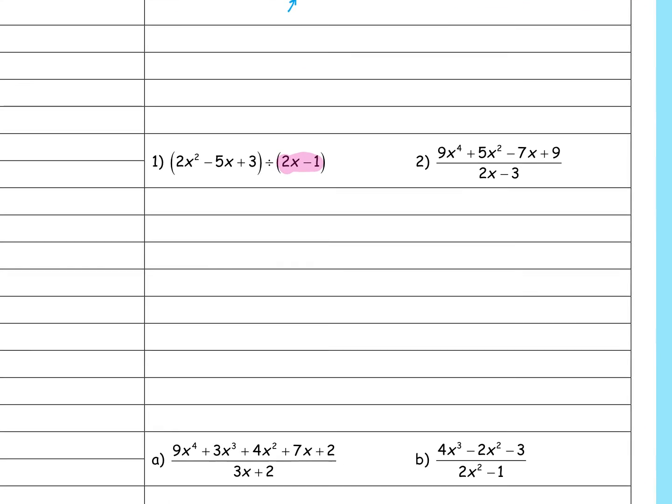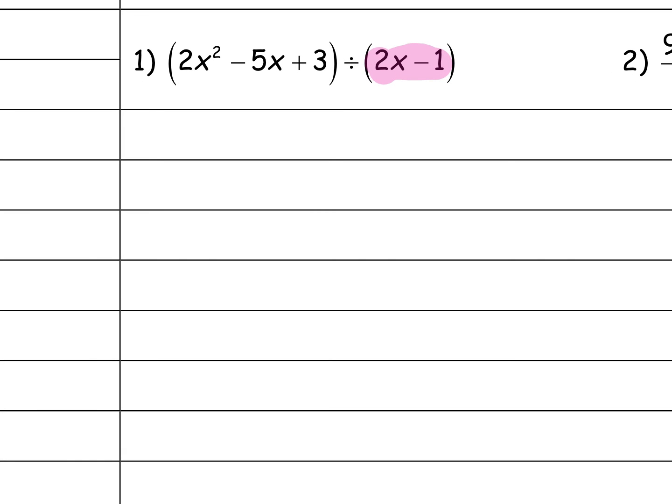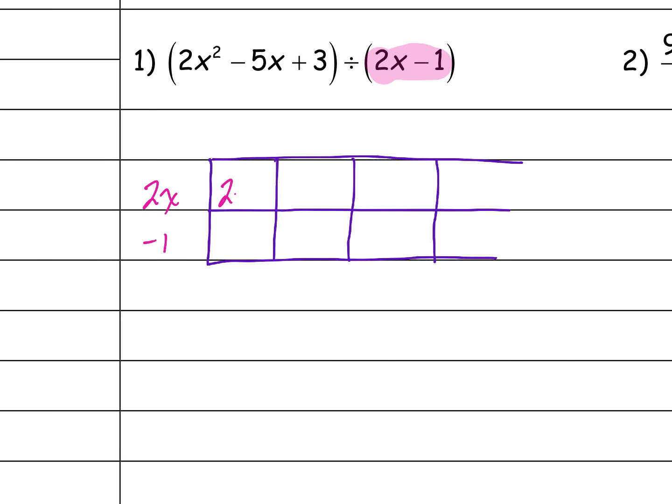So I'm still going to make my box the same way. Let me make this bigger. So this time, sorry, I've got 2x minus 1, and this is 2x squared. So what do I multiply 2x by to get 2x squared? Well, that's x.